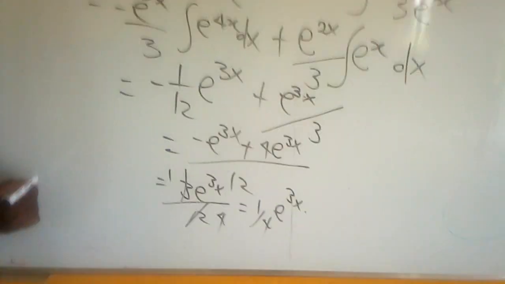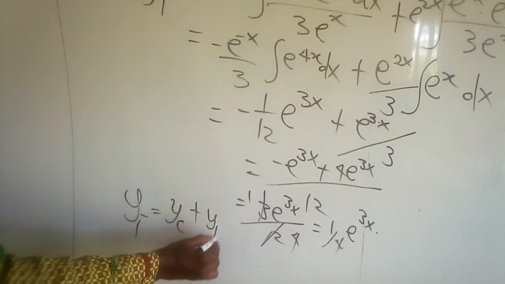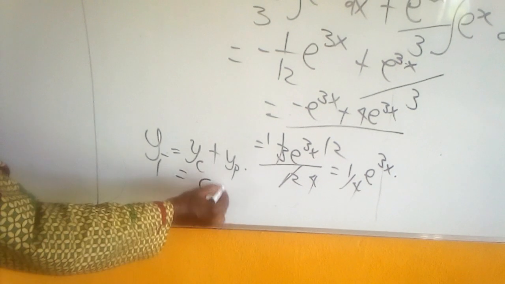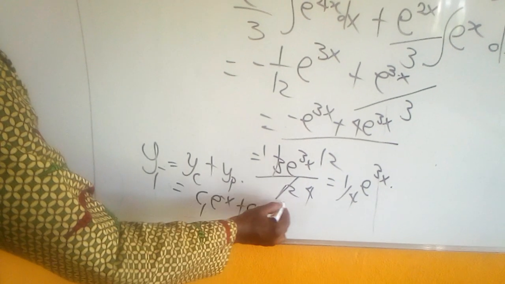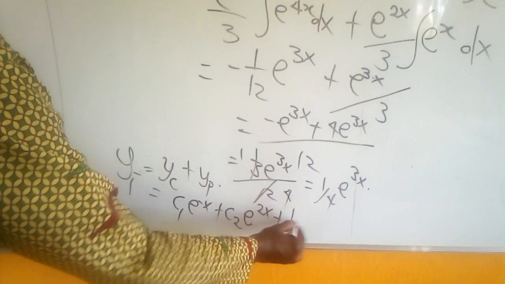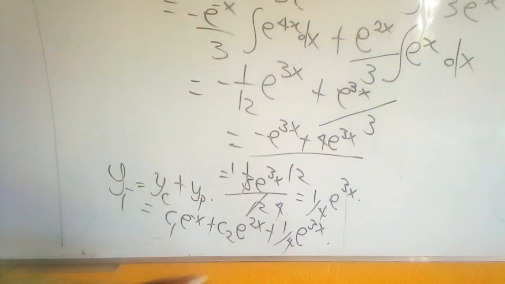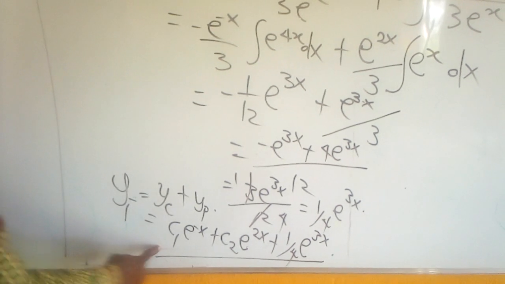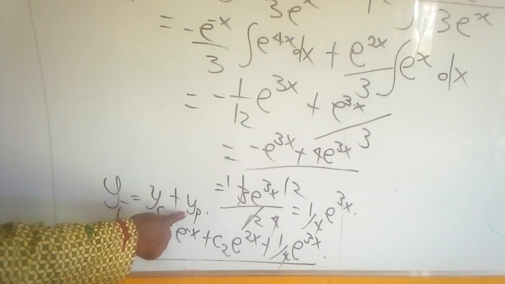This will be added as y total is equal to y complementary plus y particular. So y complementary ab initio is c1 exponential minus x plus c2 exponential 2x, plus 1 over 4 exponential 3x. Take note that this is the general solution for the question. Why? Because the y complementary is added to the y particular.